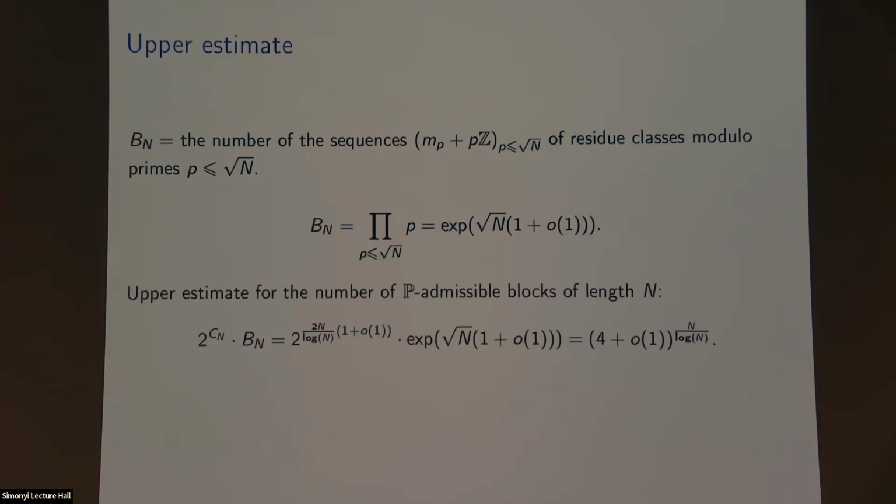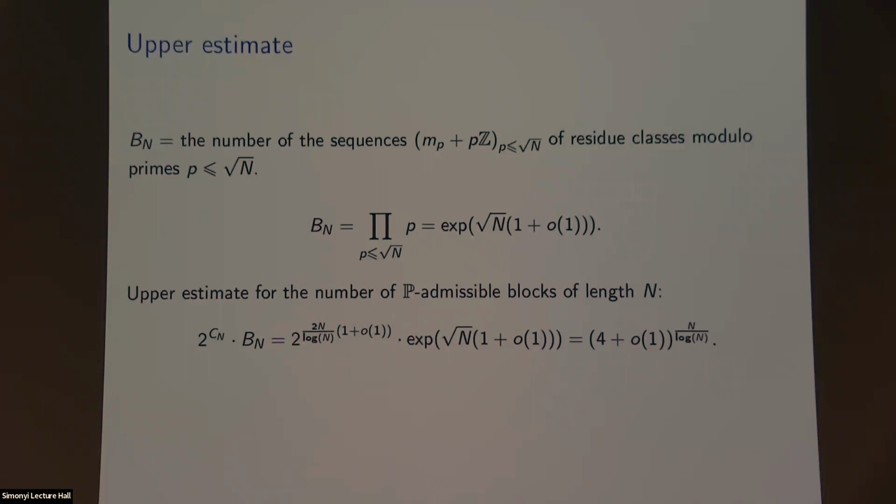So, combining the two things, the upper estimate for the number of p-admissible blocks of length n is 2 to the number Cn, this is what was previously discussed, times Bn. So this is 2 to the power 2n by log n times this. The first term dominates the second one, and it can be replaced by this, and we are done.